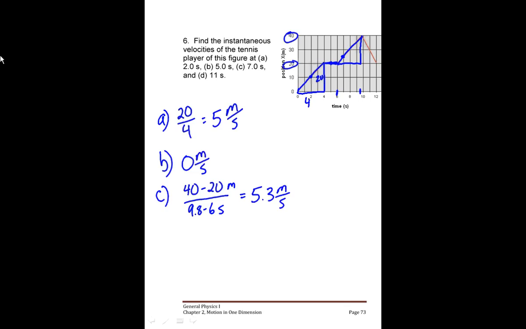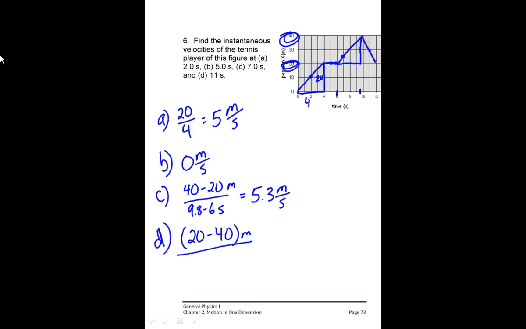All right, and then finally at 11 seconds, that's right here. I want to know this slope. My rise is the same, sort of. It's 20 minus 40 meters. Notice that my final is 20, so that's why I switched them. Final minus initial position.